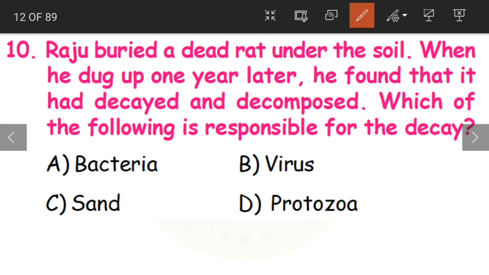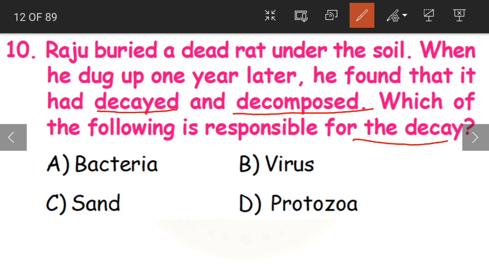After 1 year, he found it had decayed and decomposed. In the sense, the body remains of the rat have been mixed up with the soil. So this is called decomposed.